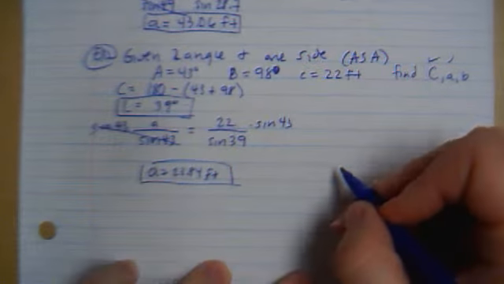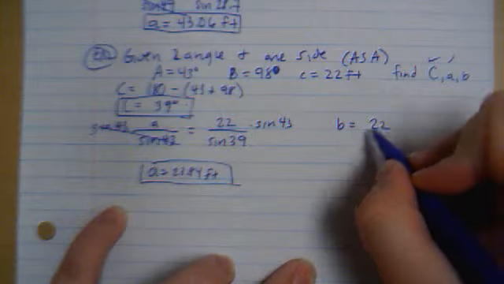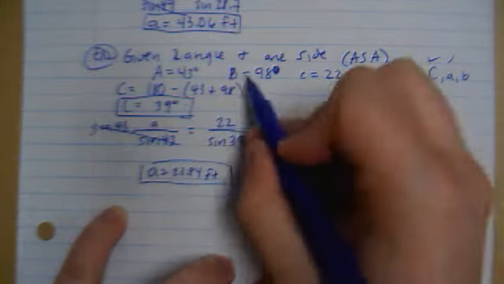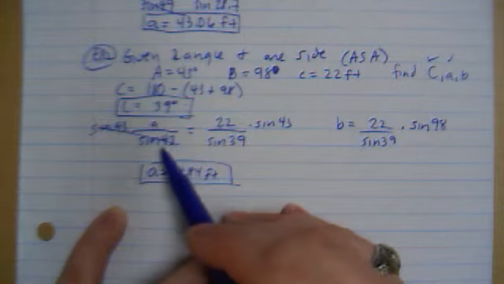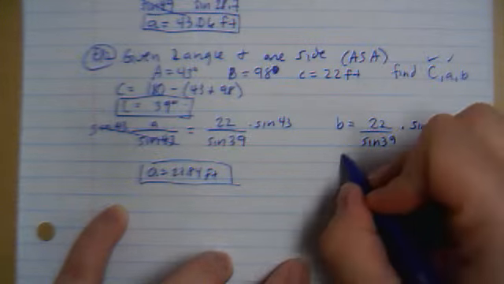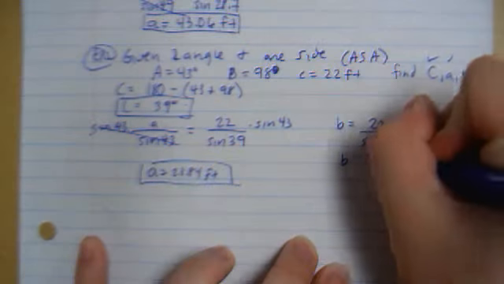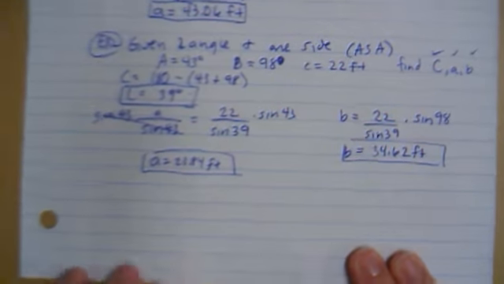We can do the same thing: I'm just going to write b equals 22 over sine 39 times sine of angle B. I skipped this step because it was less for me to write. When I plug that in my calculator, I get 34.62 feet. So there's the last one.